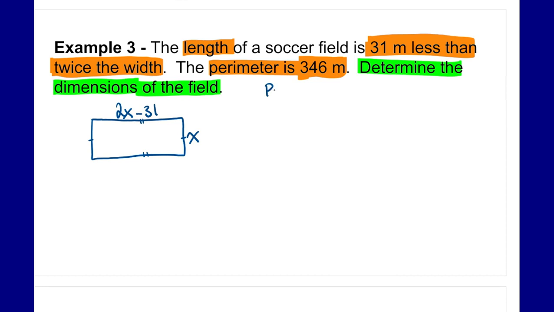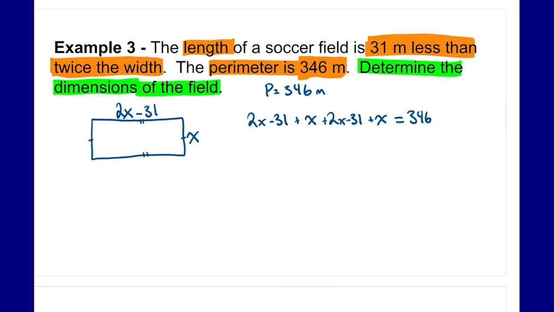That's given to me. And perimeter again is all the sides added up, or the distance around the object. So in this case, I could write out all my sides, 2x minus 31 plus x plus 2x minus 31 plus x. And because that's the perimeter, that has to equal 346.